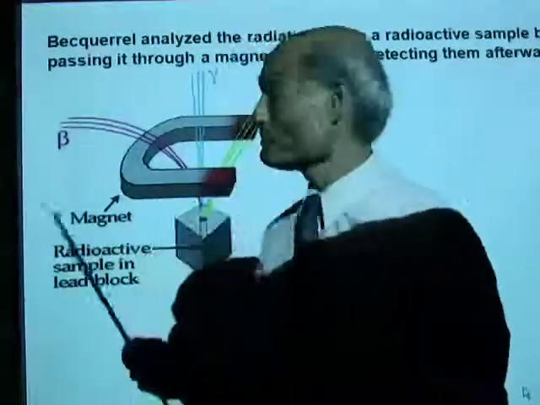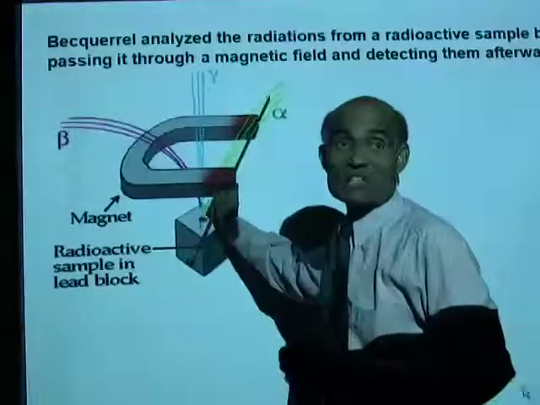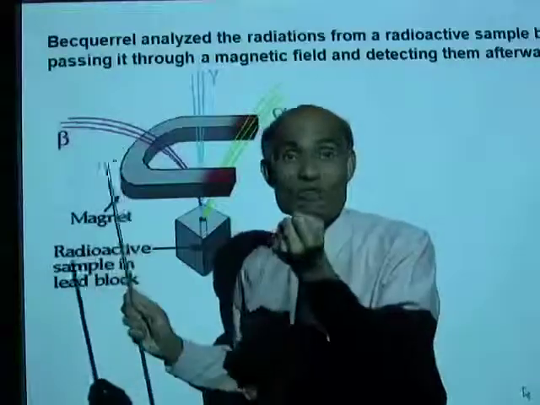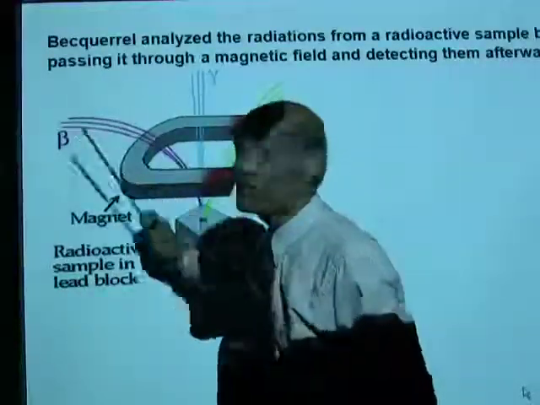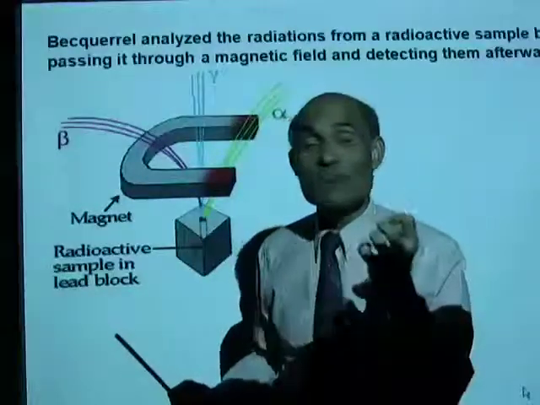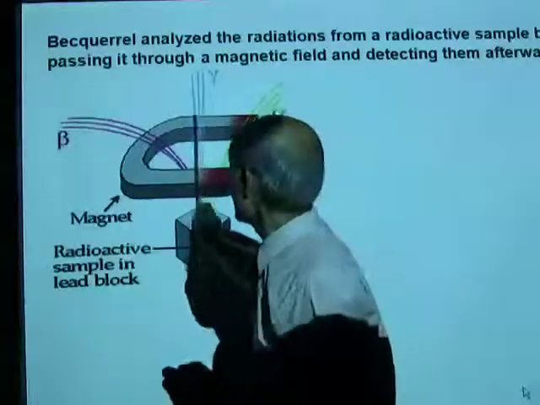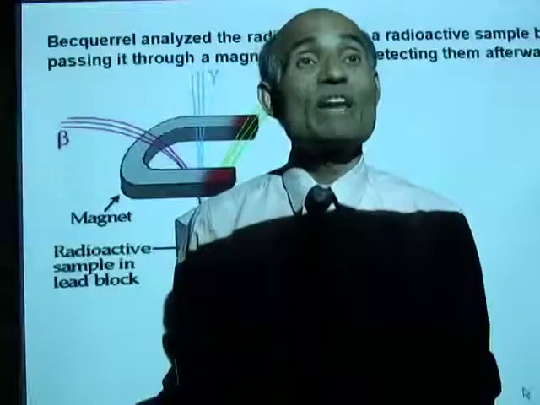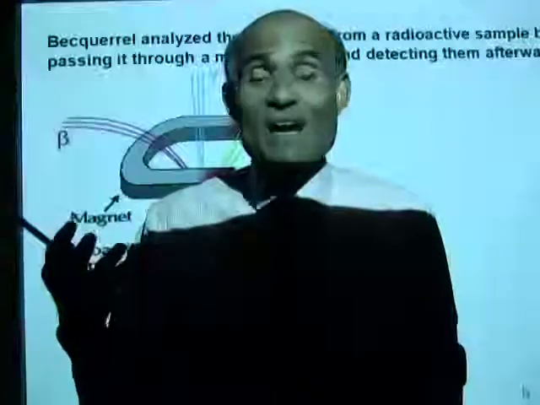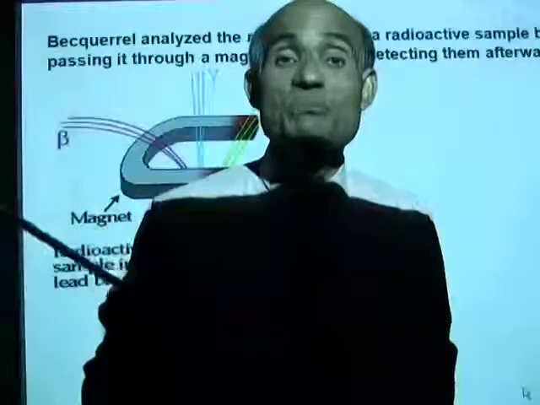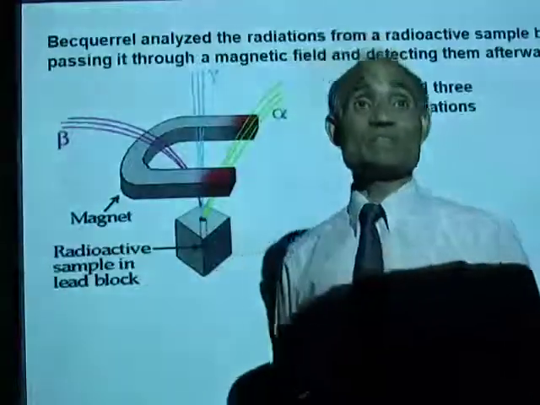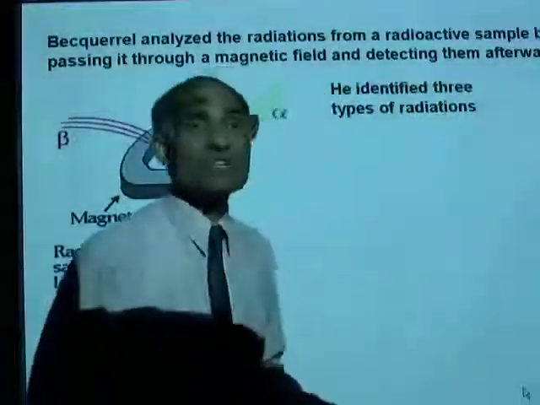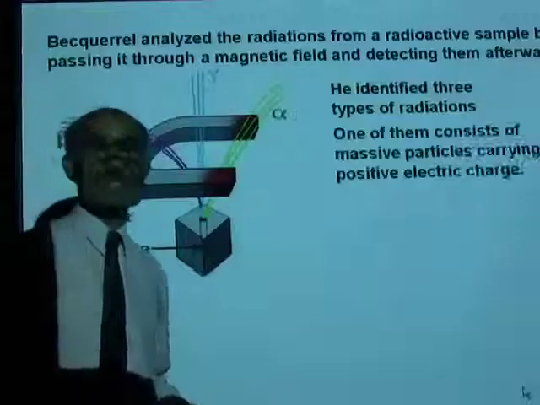Well, that means if the radiation deviated to the right has positive charges, then the radiation deflected to the left must be carrying negative charges. And what is this radiation that was not affected by the magnetic field at all? It must not be carrying any electric charge, or it could be simple electromagnetic radiation. So he identified 3 types of radiations as a result of an experiment like this.